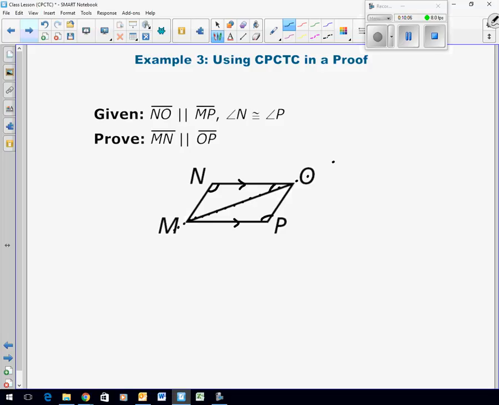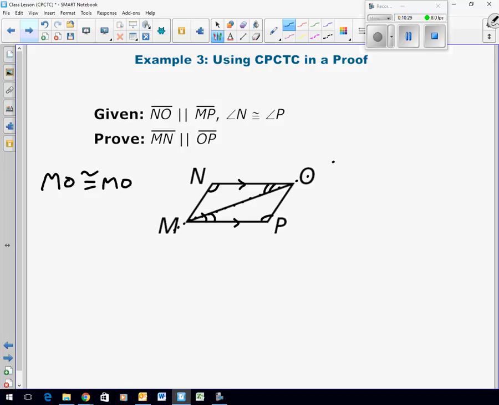that the alternate interior angles are congruent. Okay? They are congruent. How is MO congruent to itself?